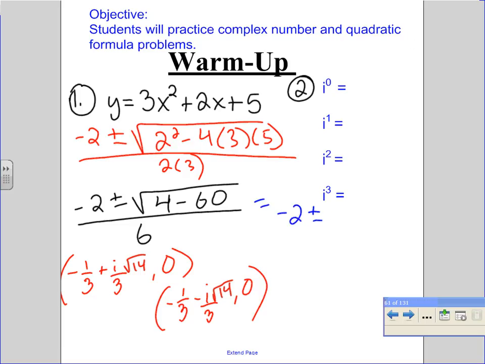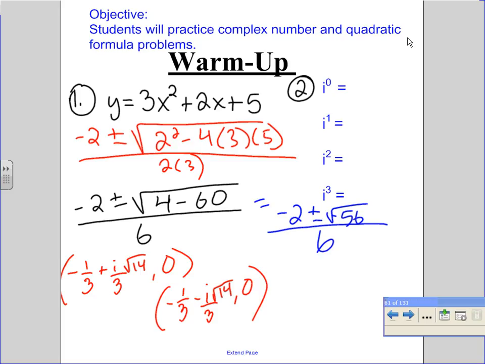Oh yeah, thank you. I forgot about the negative. So you can change this to be square root of -1, square root of 4, square root of 14. And then when you simplify that, you get to this. Let me keep going. All right. Ready?